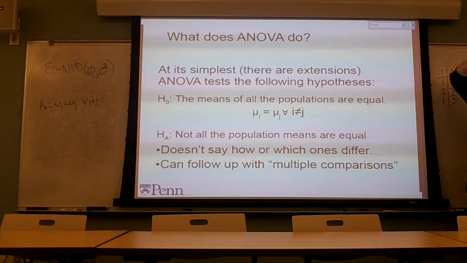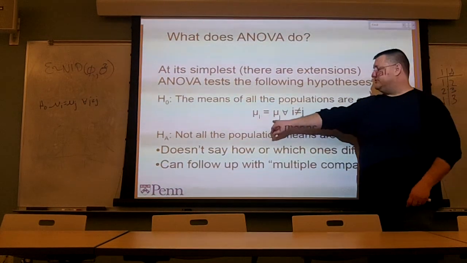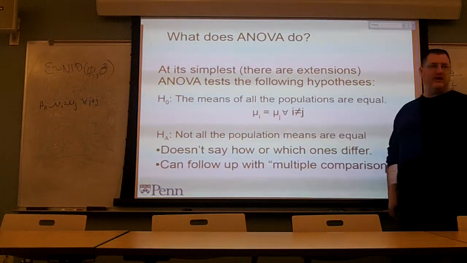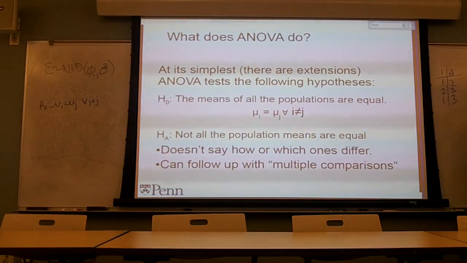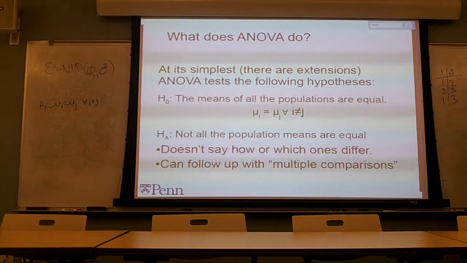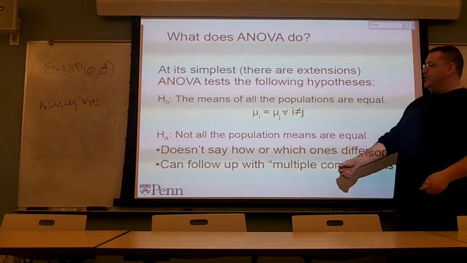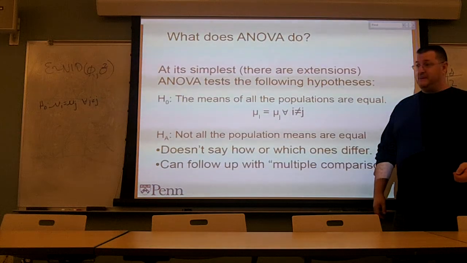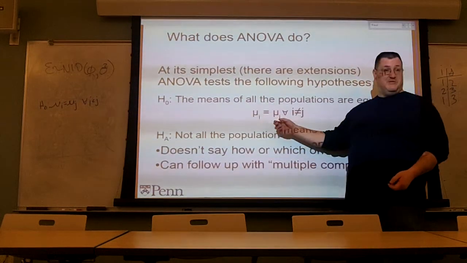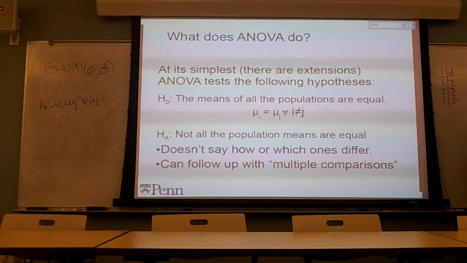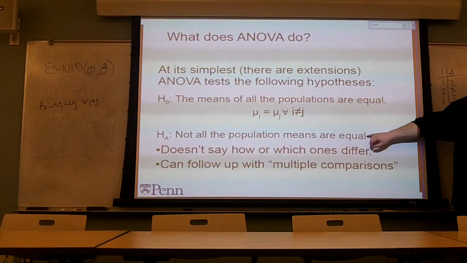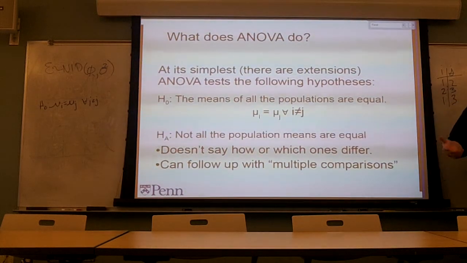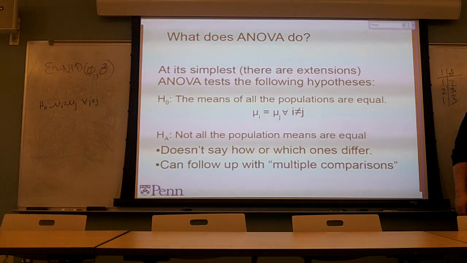So when we look at this, notice the language I'm using. I have Greek letters, so I must be talking about parameters, which refer to the population. So I'm not going to say group 1 is the same as group 2. I'm going to say population 1 is the same as population 2. And then the alternative is there is at least one pairwise difference.